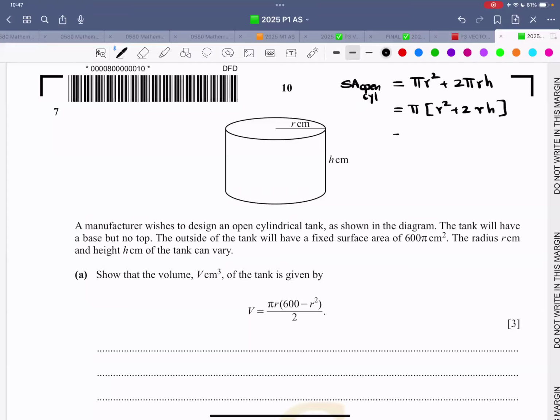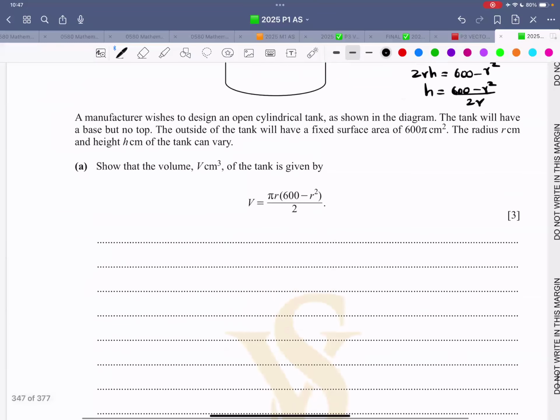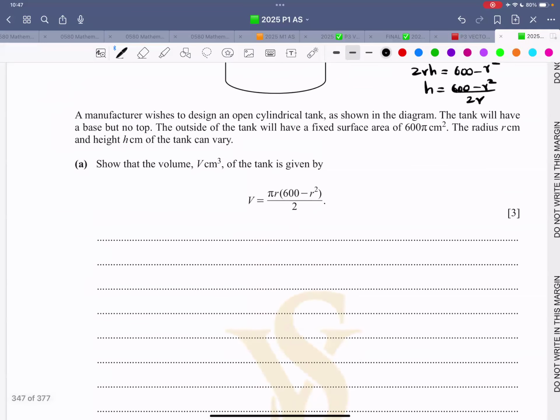Now, if I equate it to 600 pi, the pi and the pi will cancel out. So therefore, r square plus 2rh is equal to 600. 2rh is 600 minus r square. Therefore, h is 600 minus r square divided by 2r. That is the first thing. Because r is the missing piece of the puzzle, therefore h should be made the subject.